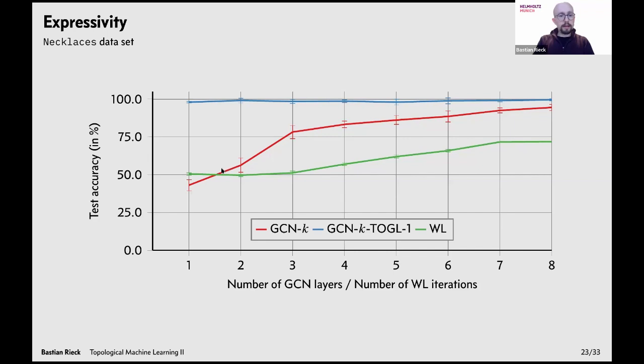Its performance increases as you add more layers, but it increases very slowly in contrast to toggle. So it really needs a lot of information and a lot of graphs to actually learn and approximate our performance in practice. Second, you see that with WL, a similar pattern emerges. You have to go very deep into the graph and do a lot of WL iterations in order to approximate the performance of the topology-based graph layer.